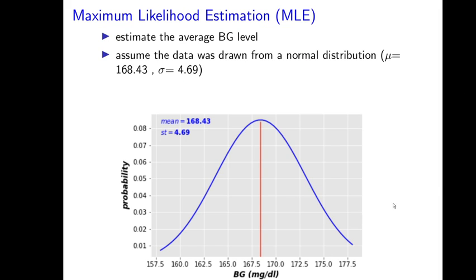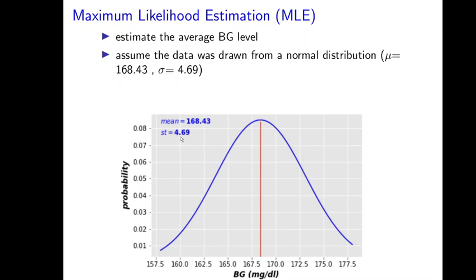We can draw this bell-shaped normal distribution with these parameters, and we see here that the mean of this distribution lies at the point 168.43, where the standard deviation is equal to 4.69.